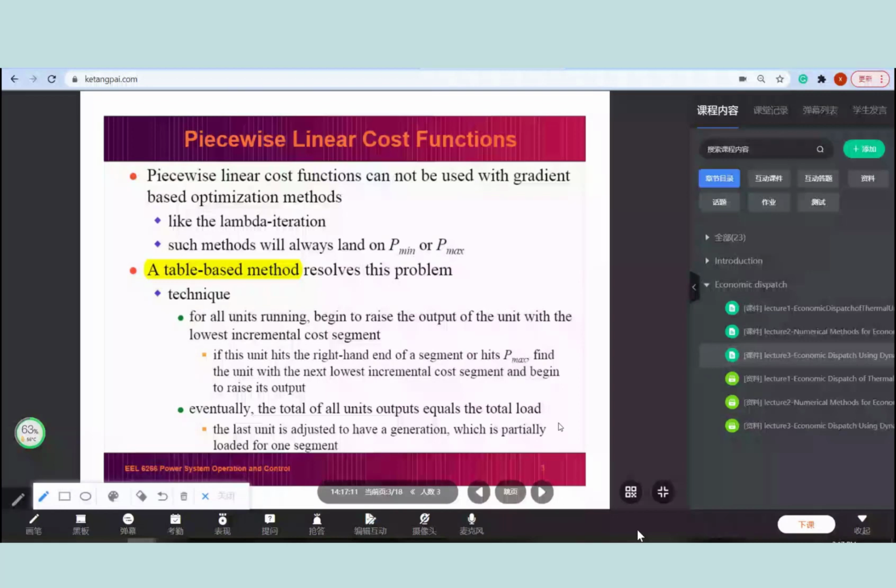The last unit may only generate partial output for one segment. That means the total generation of all units may not exactly match the total load, so the last generator may only generate partial output, and not use up its full capacity.